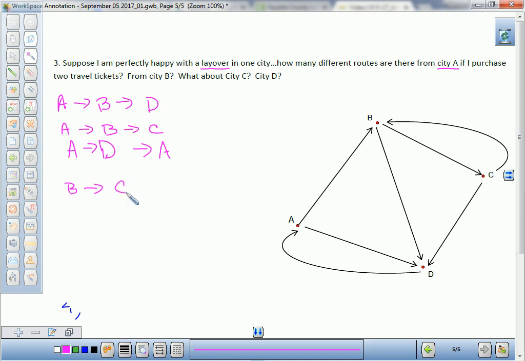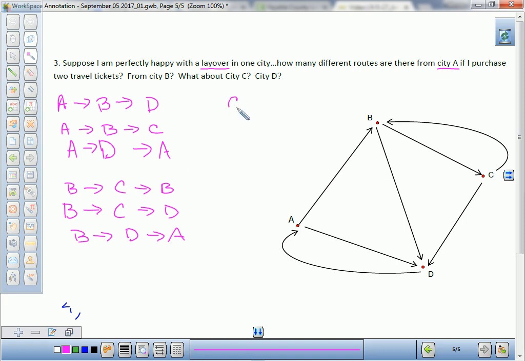So we can go B to C and back to B. We can go B to C and then to D. We can go B to D and then to A. Are there any other possibilities from B? Of course not.